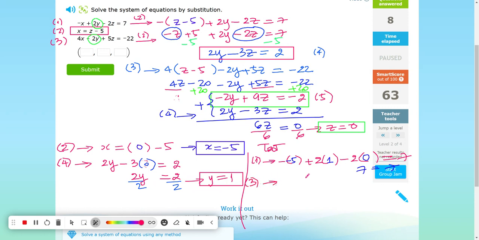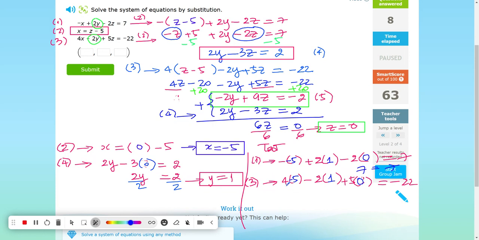Alright, so here we go. Equation number 3. I come out 4x subtract 2y plus 5z equal negative 22. Okay, so let's put the value x at negative 5, y equal number 1, z equals 0.